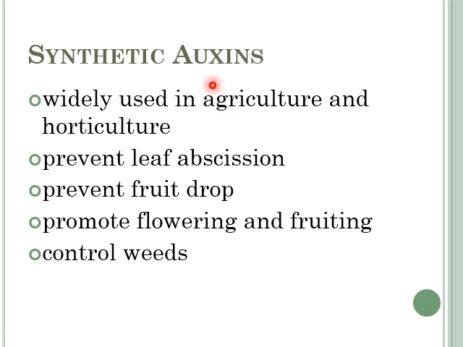So synthetic auxins like IAA and 2,4-D are widely used in agriculture and horticulture to prevent leaf abscission, prevent fruit drop, promote flowering and fruiting, and control weeds. So 2,4-D is known as a synthetic weedicide.